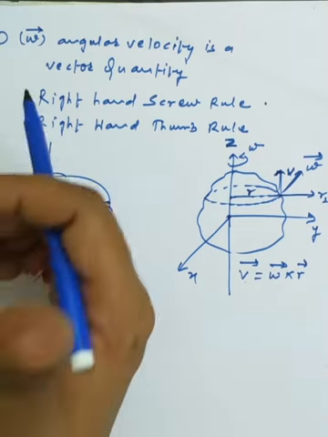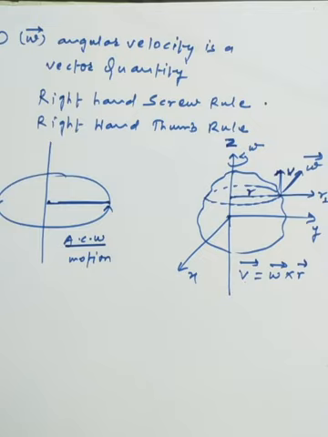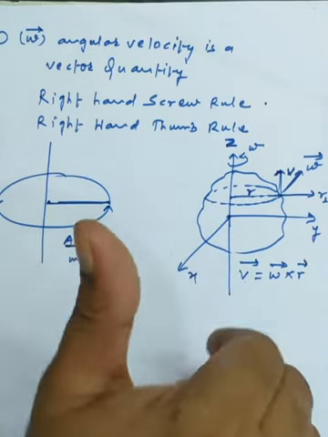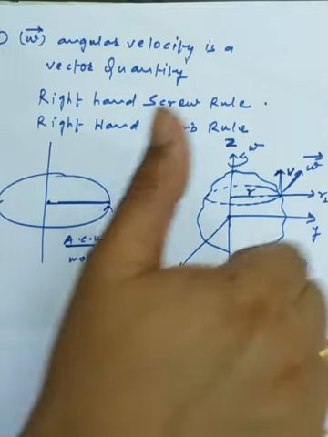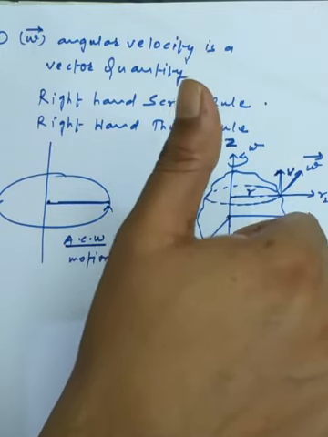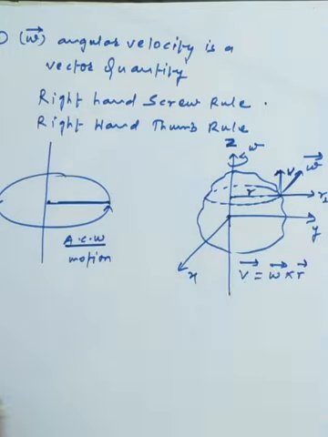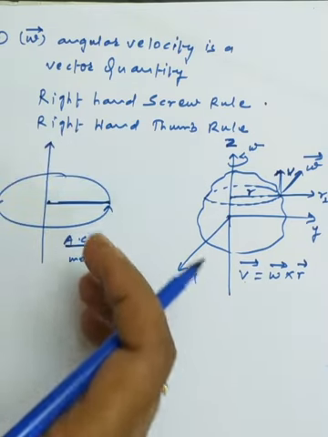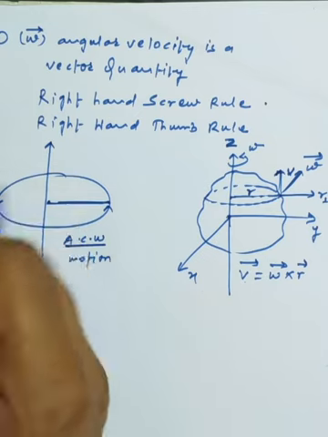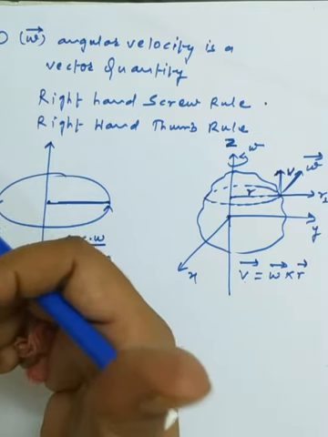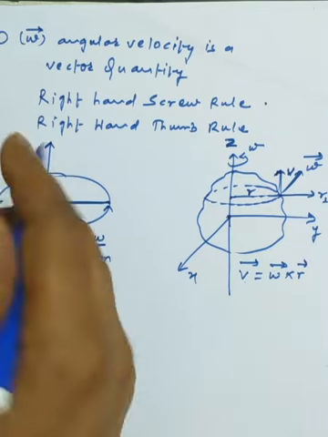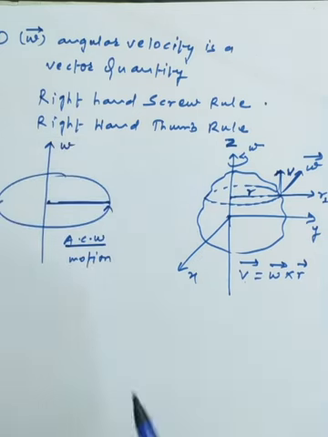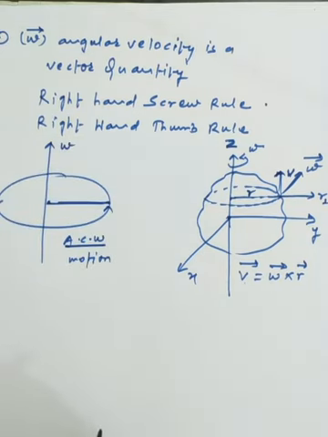So definitely the thumb is indicating the direction of z, and that is the direction of the omega. As the particle is making the anti-clockwise rotation, our fingers show the sense of the rotation, and the thumb is acting in the third direction, that is the direction of the angular velocity.